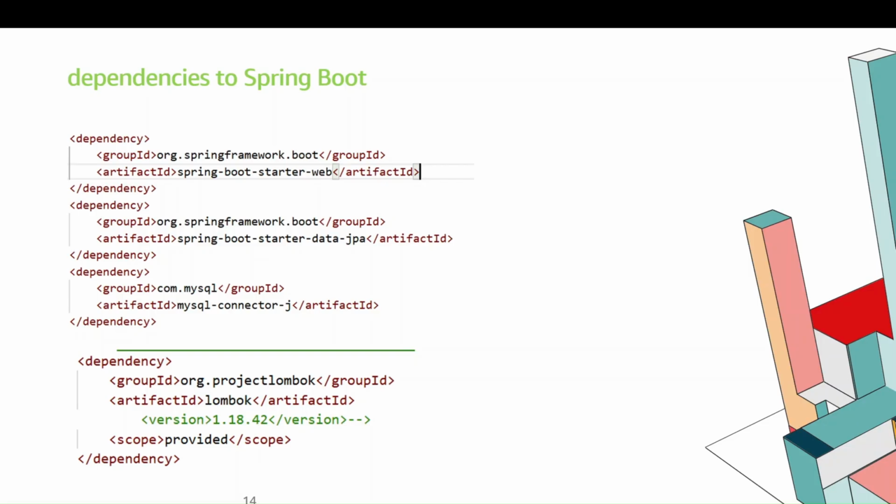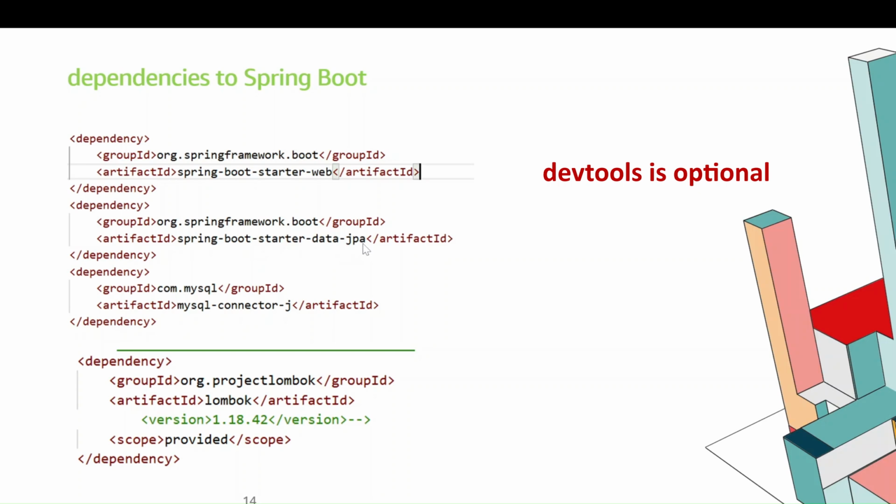If you look at this dependencies page, basically we need starter web, because I will be writing a REST-based component, so I need starter web from Spring Boot. And since I need the data JPA module from Spring Boot, I need this particular dependency, Spring Boot starter data JPA.